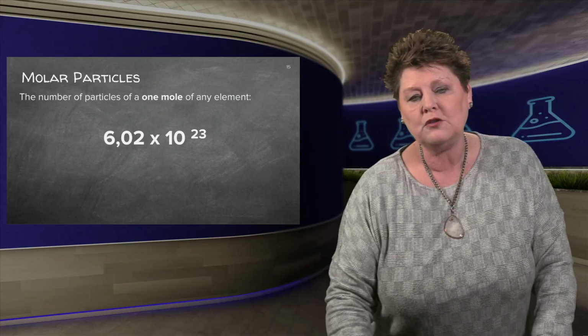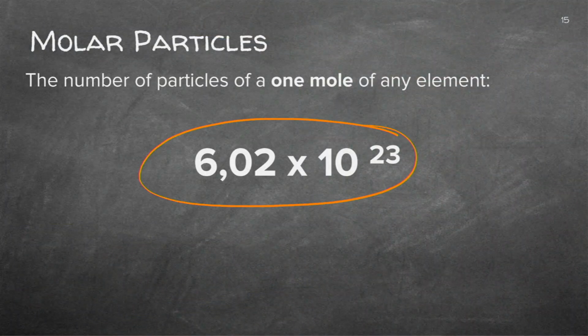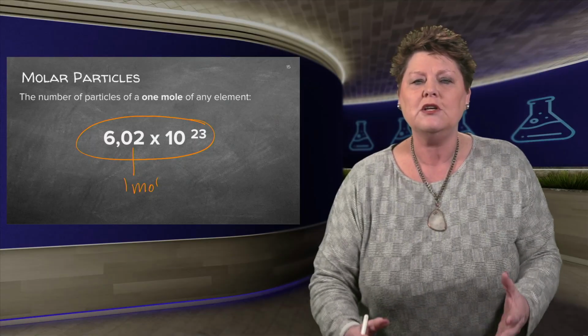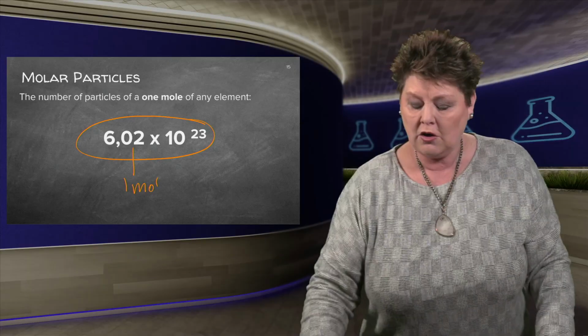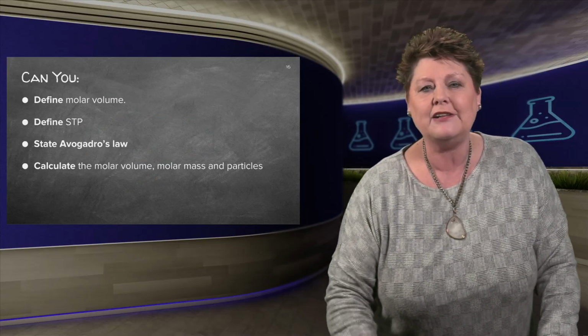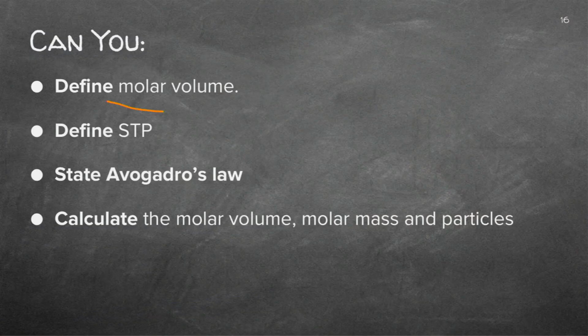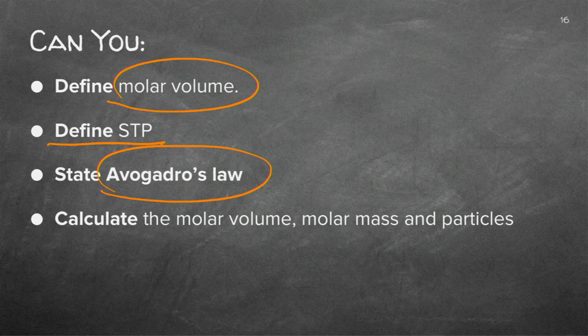The one thing you have to know is that in all 3 cases, the number of particles was 1 mole, and that was 6.02 times 10 to the 23. You will be using moles in all chemistry calculations. So make sure that you can do this completely and that you don't make any mistakes. So know the definition of molar volume, define the standard temperature and pressure, and you've got to be able to state Avogadro's law.